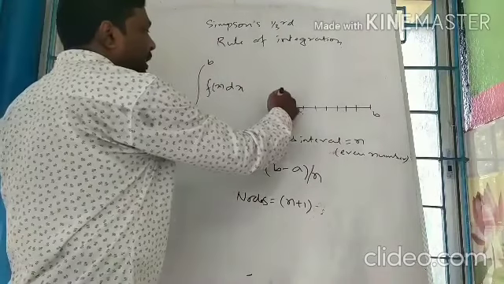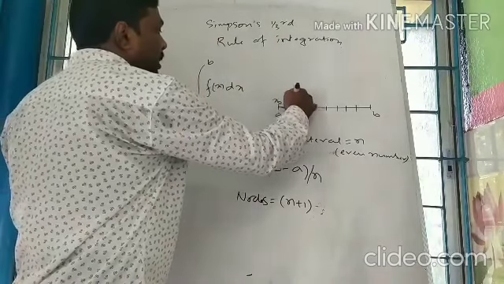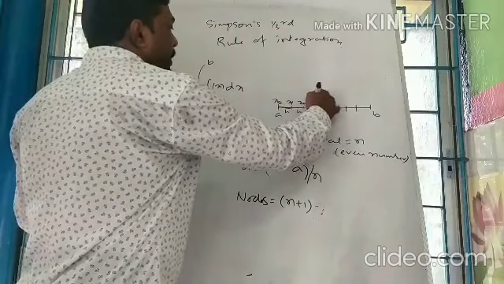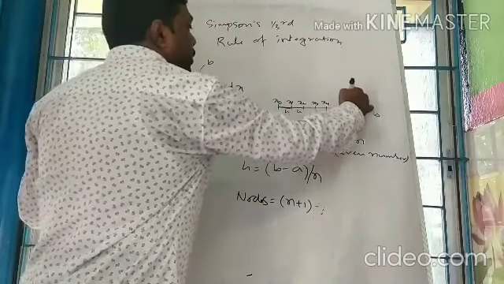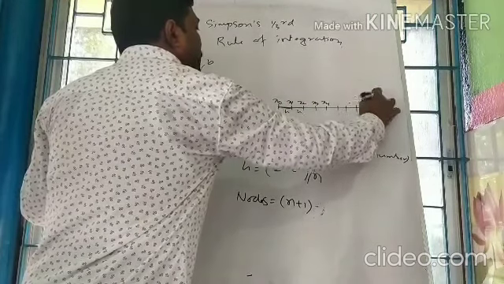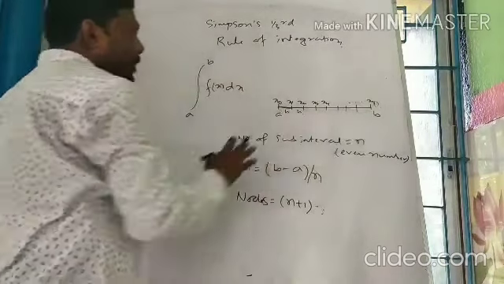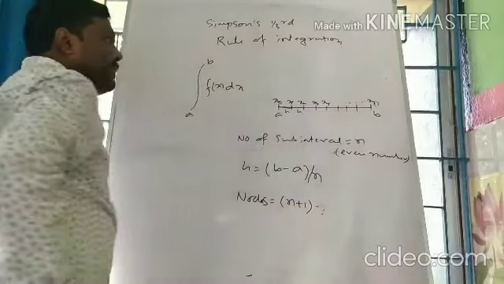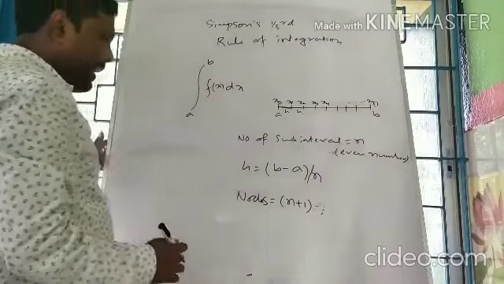Suppose the first node is x0, the next node is x1, then x2, x3, x4, and the last node is xn. There are n plus 1 nodes, starting from 0, so x0, x1, x2, up to xn.